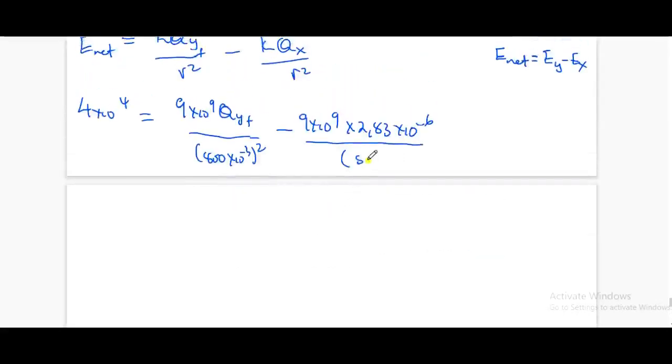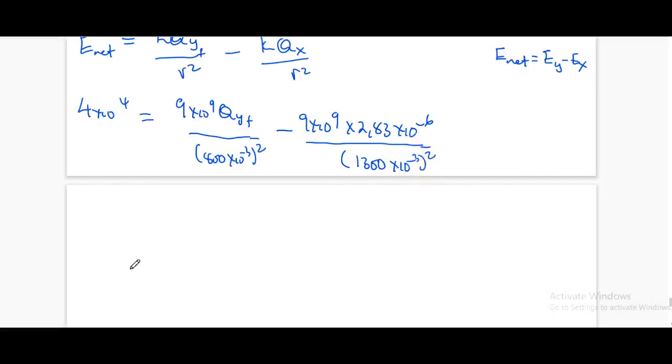Okay, so that is 500 plus 800 millimeters, which is 1.3 meters.